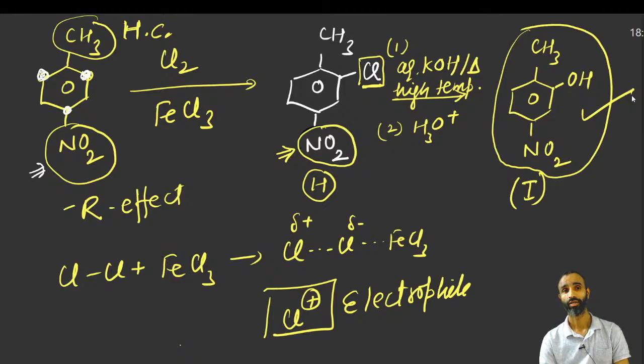But you know, see, actually there is a glitch in it. What is that? NO2 is meta to this Cl. If it is at ortho and para position to chlorine, then that will affect.